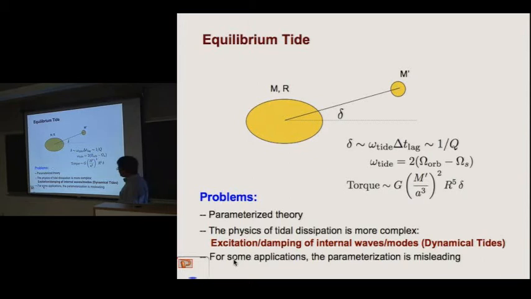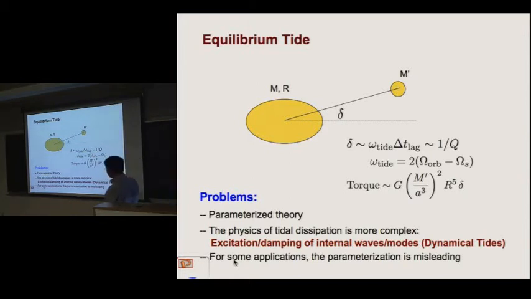The second problem with this equilibrium tide theory is that in almost all cases we are dealing with, the physics of tidal dissipation is much more complicated than this quadrupolar deformation. In addition to this quadrupolar deformation, there are many other interesting dynamics that may be happening inside the star, in the fluid.